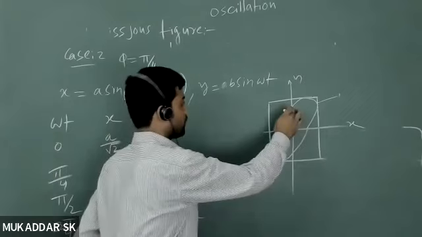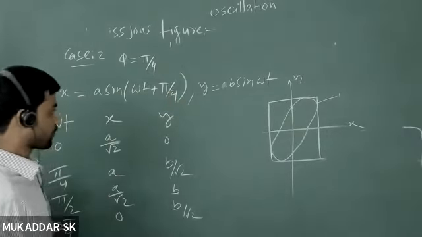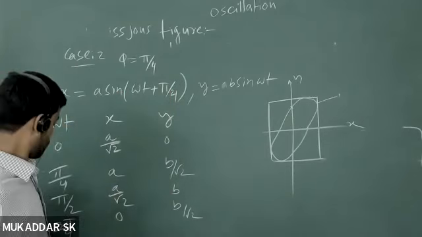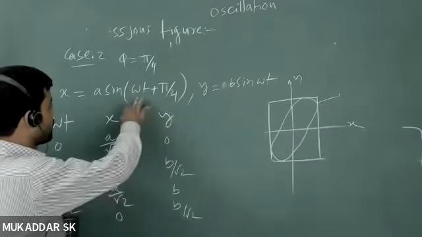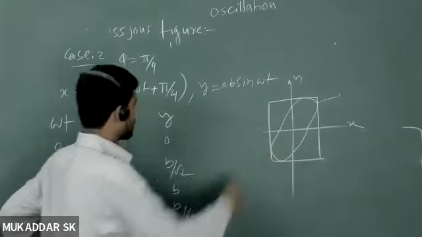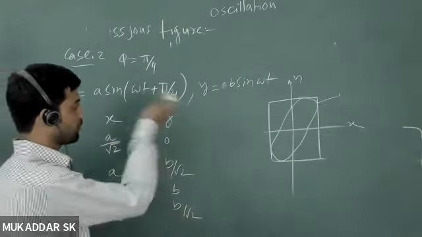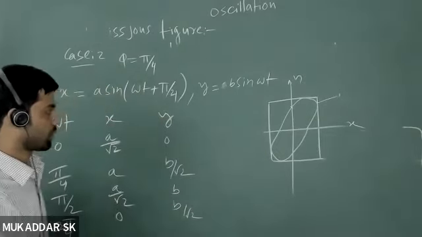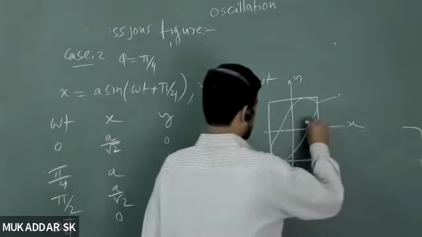If you take omega t equals pi, this will become minus a by root 2, and y will be 0. So like this. You can give that arrow.